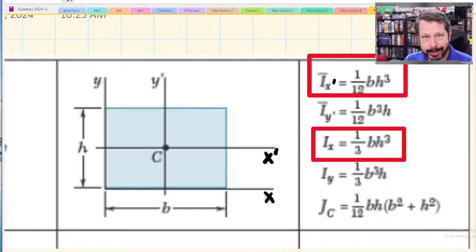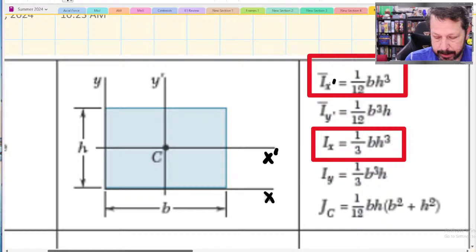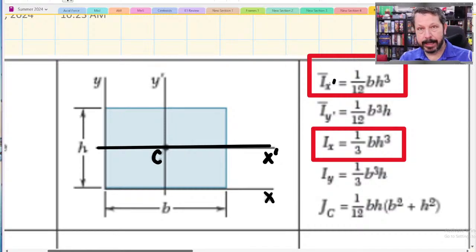There's a technique that we're about to use called the parallel axis theorem, and it can only be applied to the equations that are going through the centroid. Maybe they won't always be labeled prime. The reason that it's different, though, is notice where it goes. It goes through the centroid of that shape, of that rectangle. So that's the key to it.